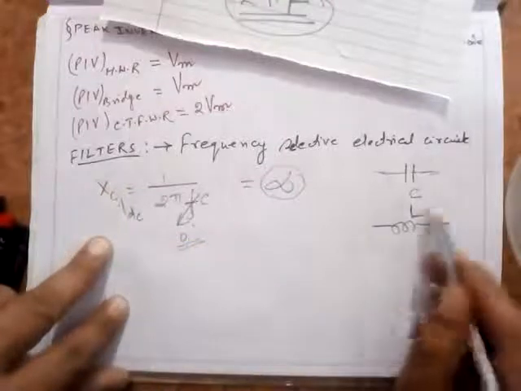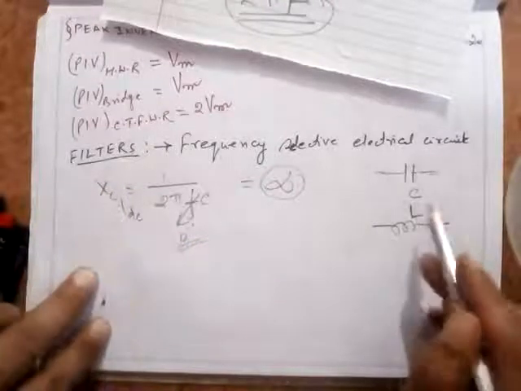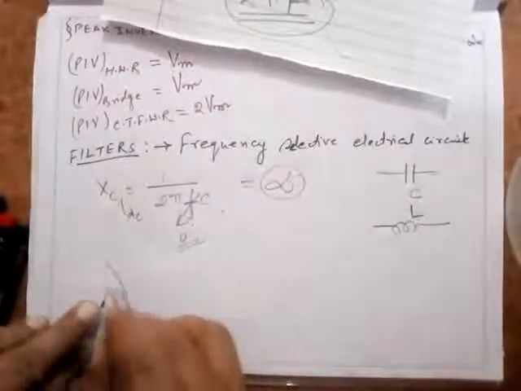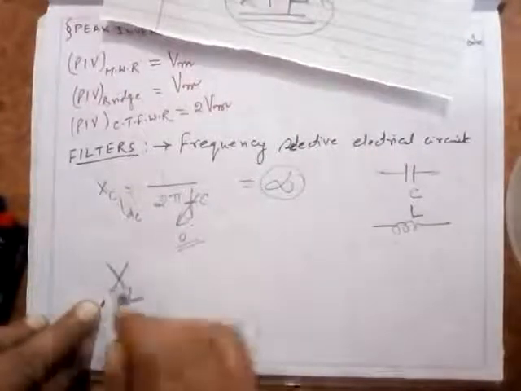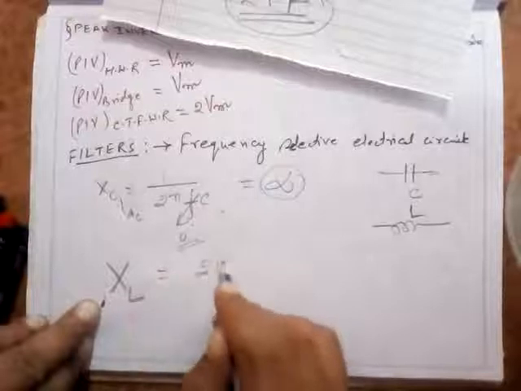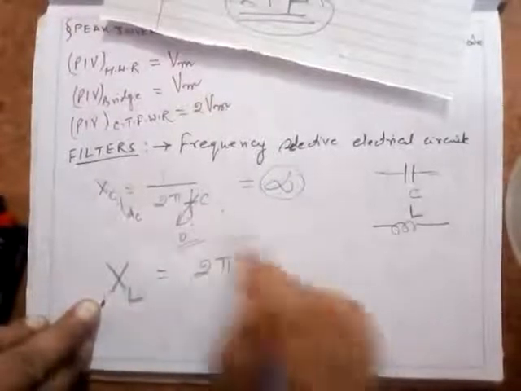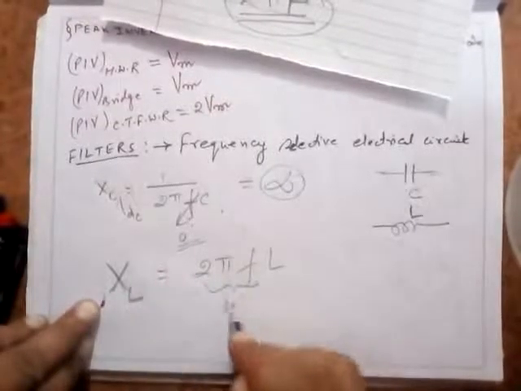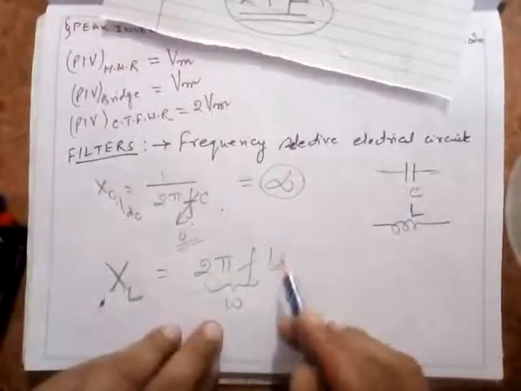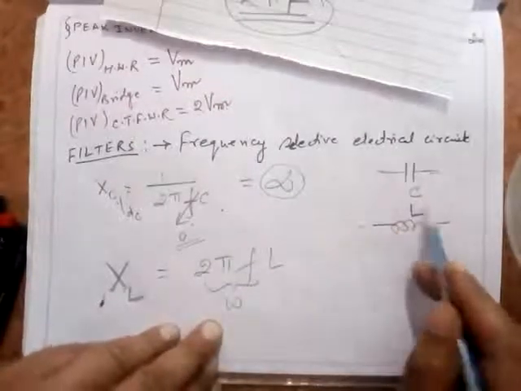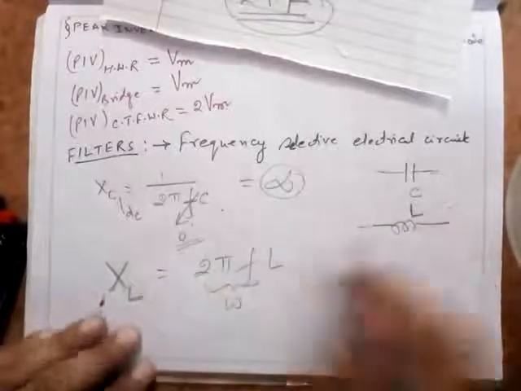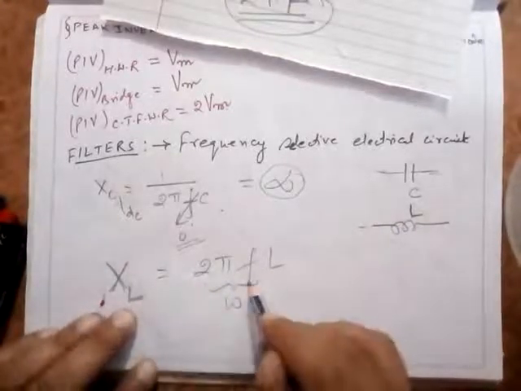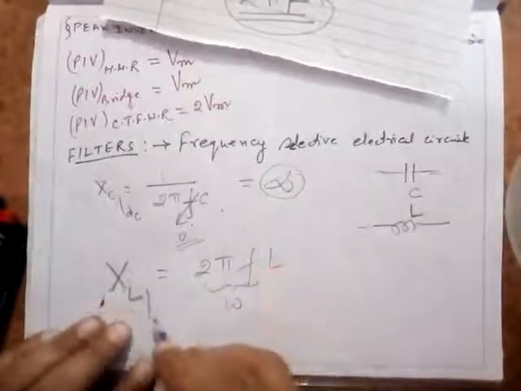And another thing, look at this inductor L here. In this inductor you must have come across this word XL, inductive reactance. It is given by 2 pi FL or omega L. This 2 pi F is also represented as omega. Now again, this is nothing but a kind of resistance offered by this inductor to a signal of frequency F. Now for DC, what will be the value of this XL?